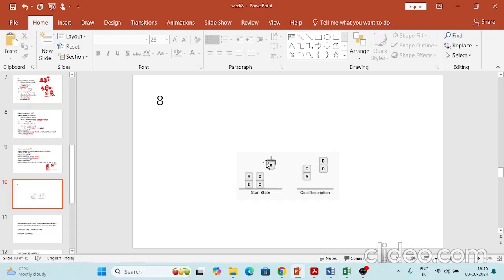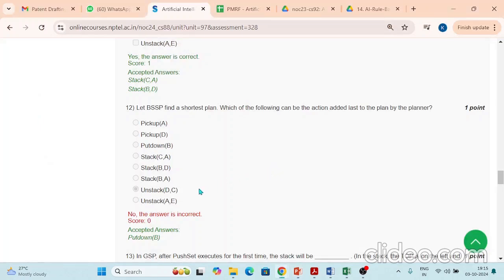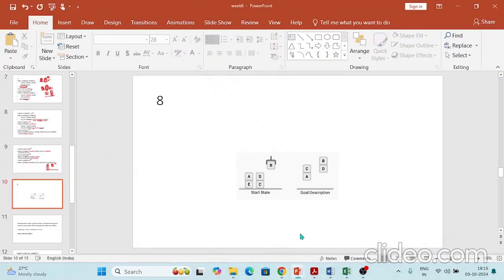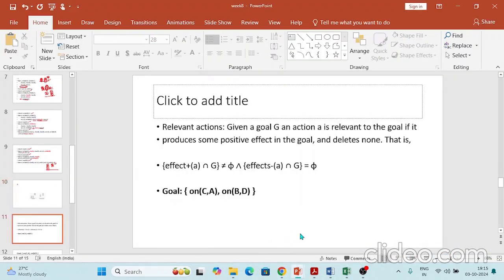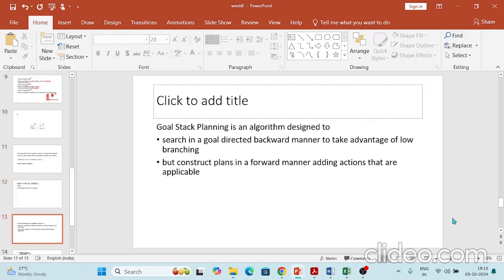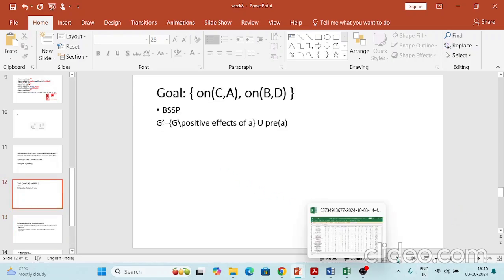This is the starting state, holding B. Since B is being held, put down B is the last action we perform that will be added to the plan. Normally in the backward direction, this is the goal, the goal stack plan.